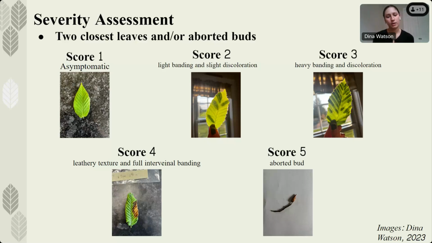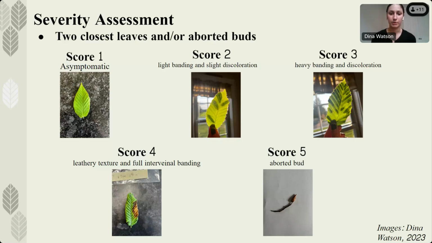So I created an ordinal scale specifically for beech leaf disease symptom expression in order to make these assessments, which went from score number 1 to 5. A leaf would receive a score number 1 if it was asymptomatic and healthy.